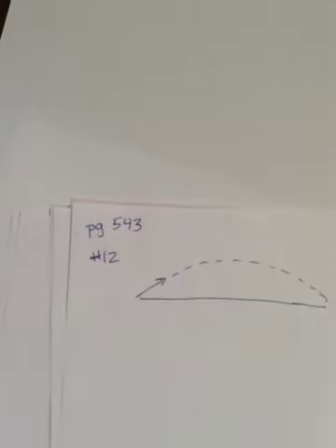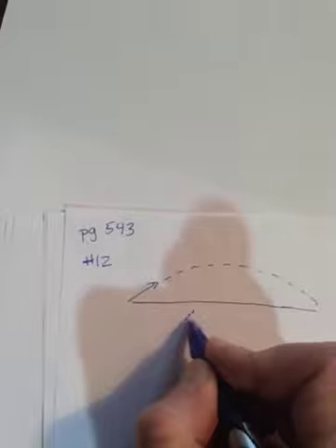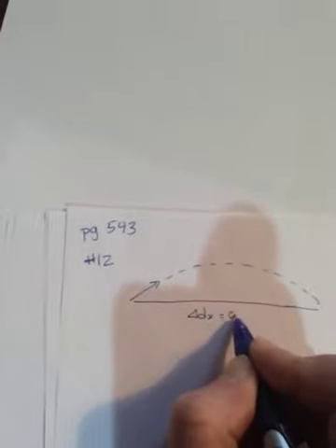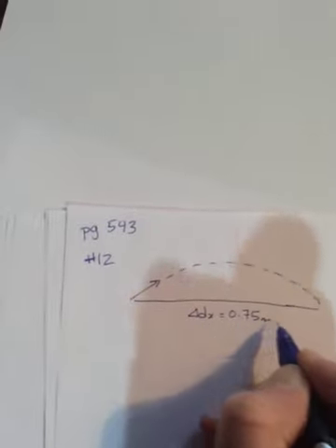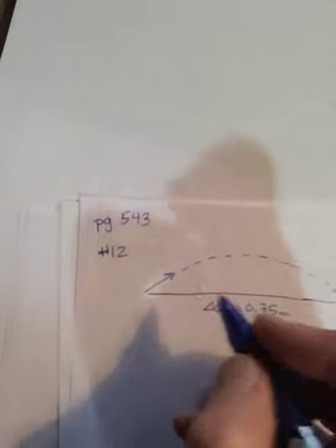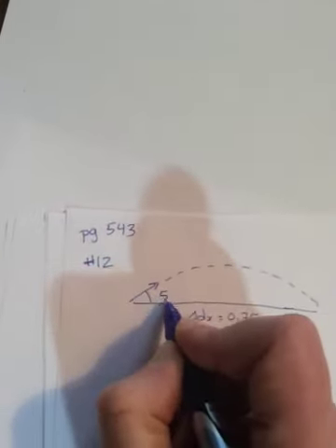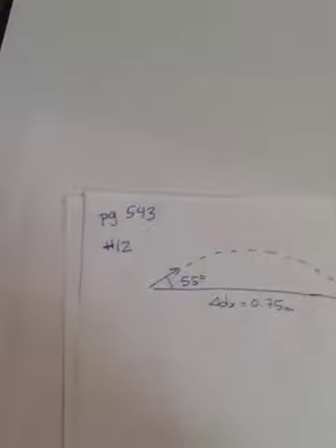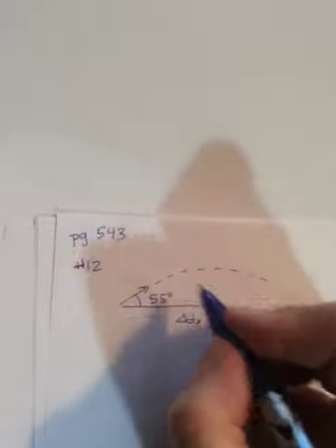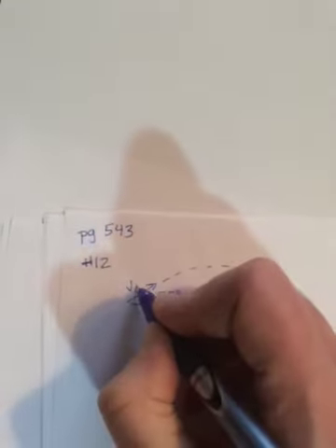And so it's telling us that our delta dx is 75 centimeters, or 0.75 meters. It says that their launch angle is 55 degrees, I think. Yeah, and it wants to know what was the initial speed.